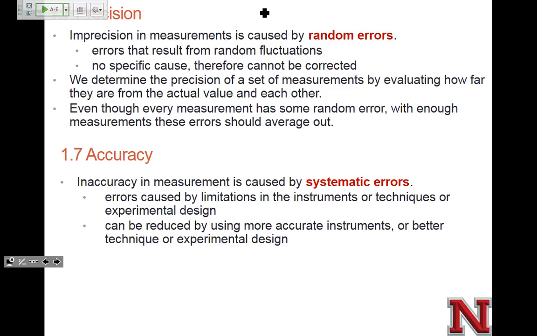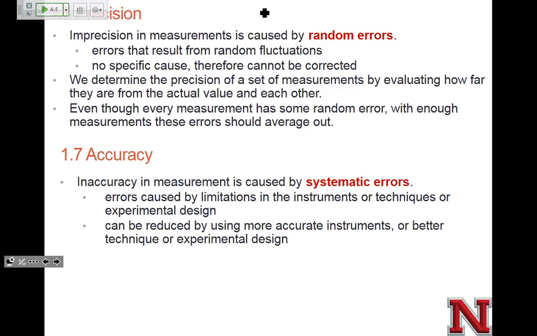You might take this measurement 5 times, and it's always coming out to roughly the same number, but that number is not close to the actual value. And that might be because your instrument just needs to be calibrated. So your instrument's fine, you're going to have some random error for precision, but you're not near the actual value because you didn't calibrate the instrument.